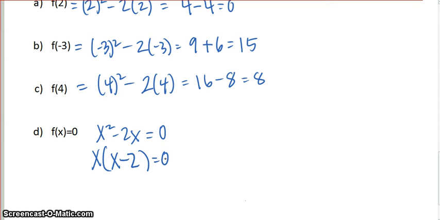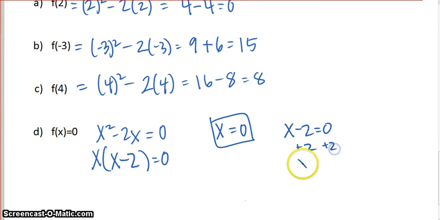Now the next step is to set each factor equal to 0 and solve. My first factor is x, so x equals 0. My second one is x minus 2 equals 0. Add 2, so x equals 2. So if we want f of x to equal 0, we need x to equal 0 or x to equal 2. There you have it, folks.